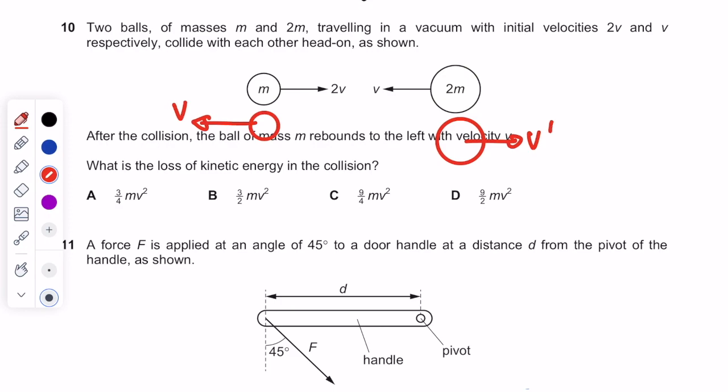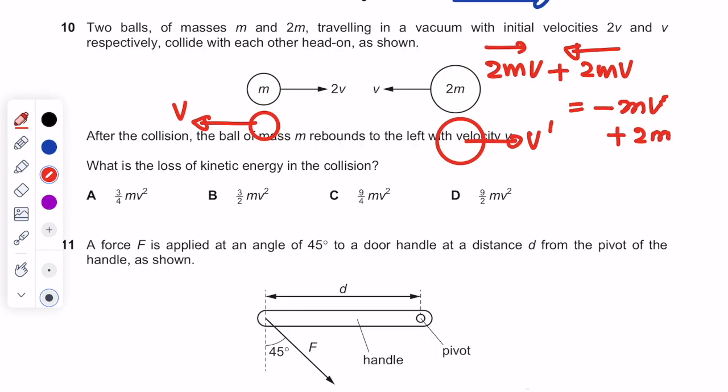By conservation of momentum, at the beginning momentum is m times 2v plus 2m times v this way, equals, we are taking the momentum to the right as positive, so after collision, minus m times v and plus 2m times v dash.